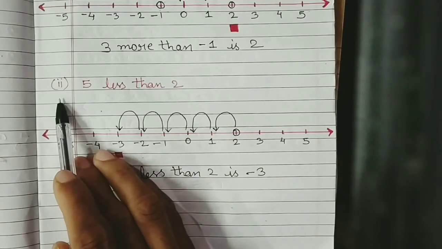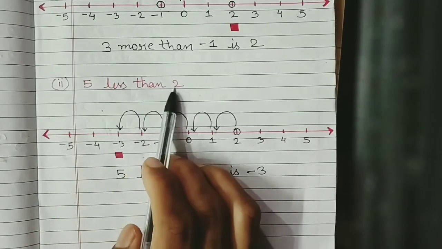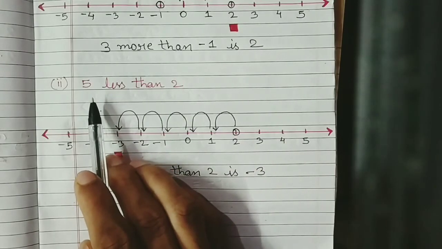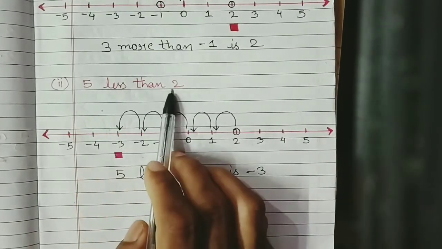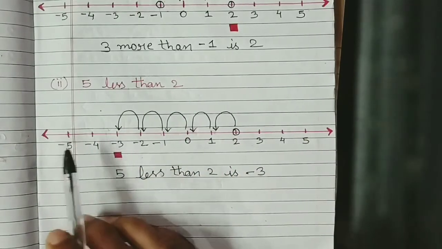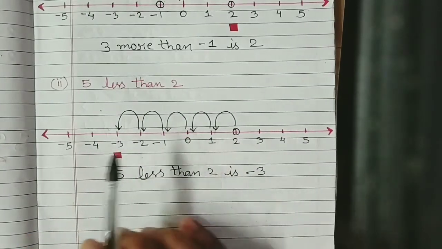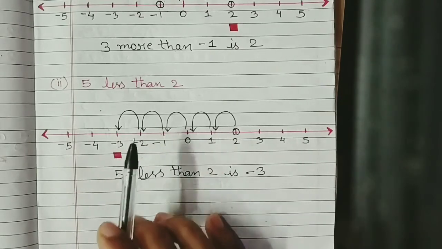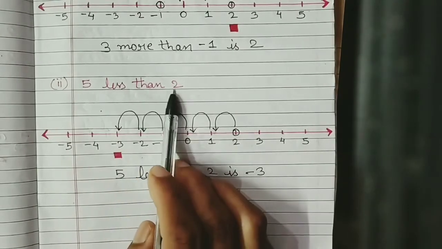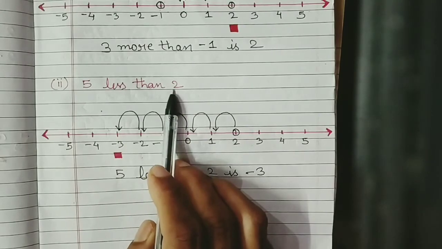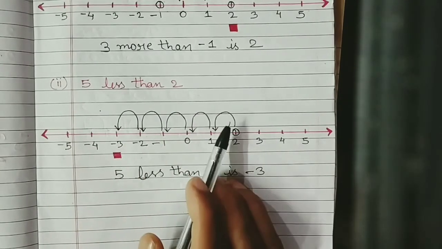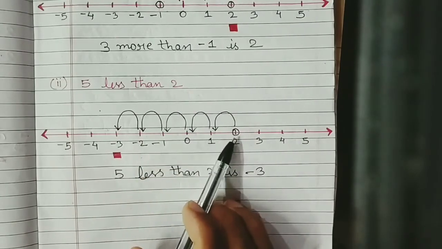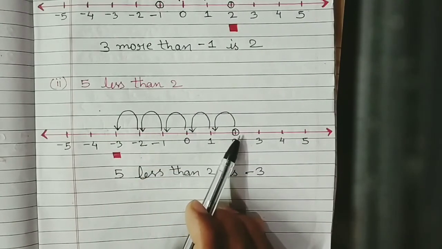Now the next question is 5 less than 2. In this question we have to find the integer which is 5 less than 2. Again I have made a number line and written some integers on it. Then I have marked the integer 2 on this number line, in this place.